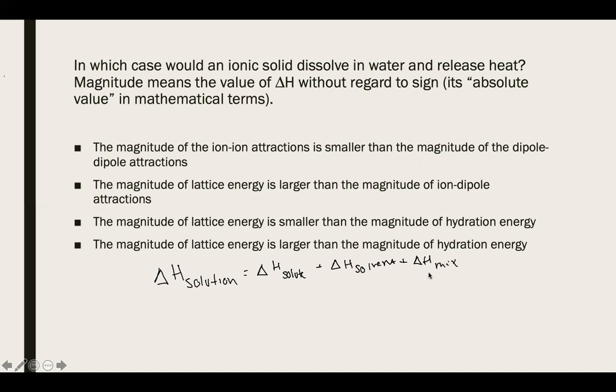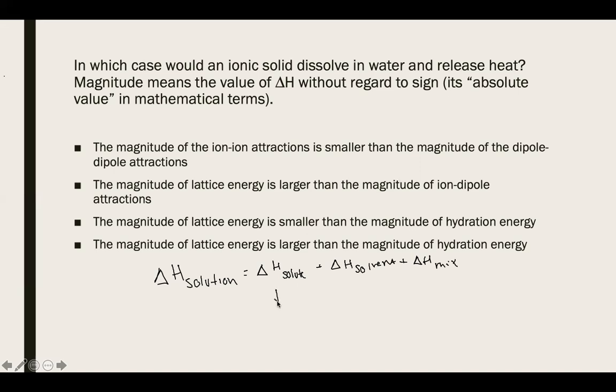If you recall, your delta H solute is the energy or heat that's used up when you dissolve your solute into your solvent. So it's the bonds that are breaking in your solute when you're dissolving it to make a solution.